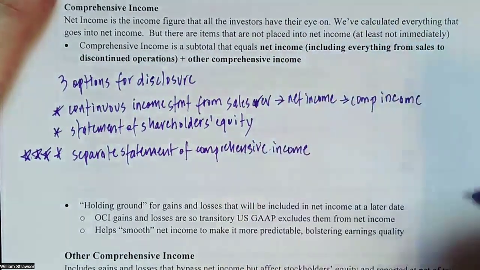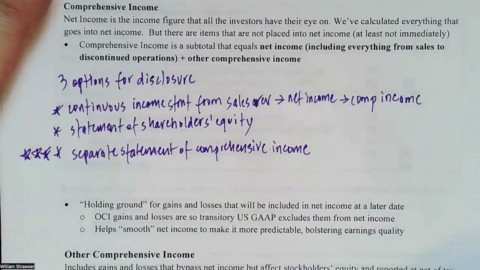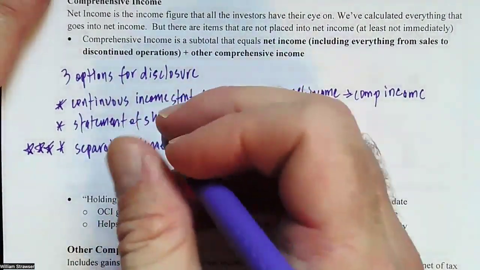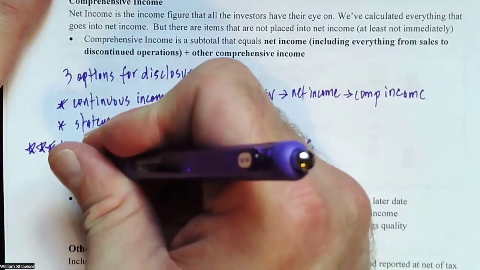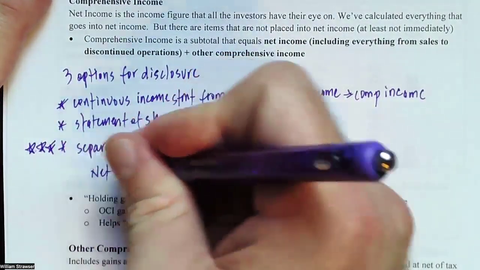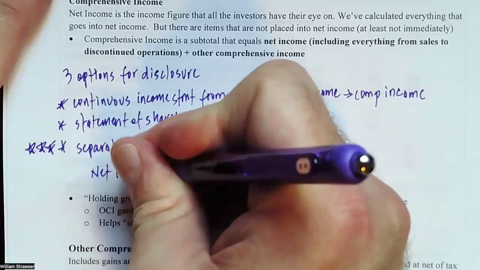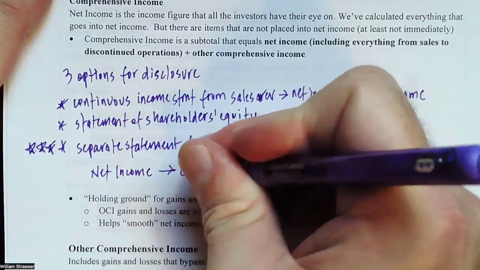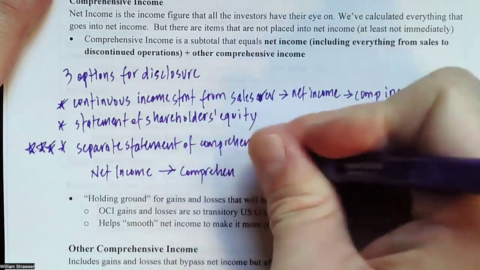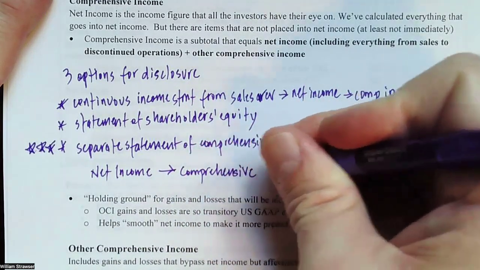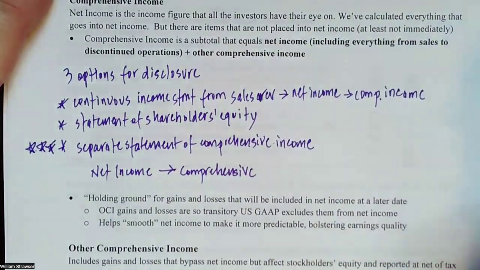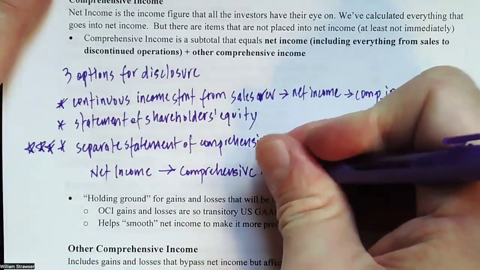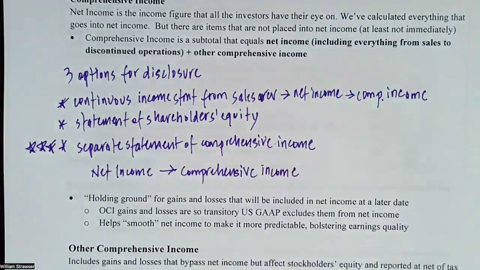And when we have a separate statement of comprehensive income, what we see then is just net income at the top of that statement. And then they take it forward to comprehensive income, which I shorthanded comp income, but it's the same thing. Comp income, comprehensive income. It would be there. So those are the three methods of disclosing it.